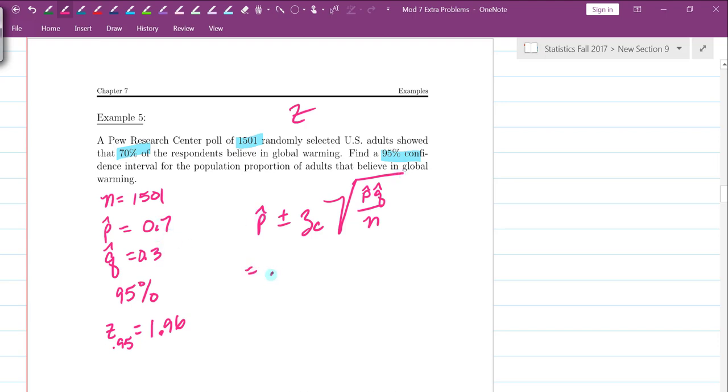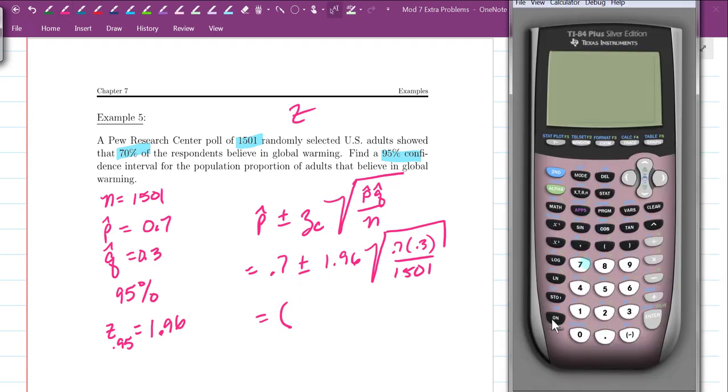So P is 0.7 plus or minus 1.96 multiplied by the square root of 0.7 times 0.3 divided by 1,501. We'll punch that in our calculator and we will get lower and upper boundaries. Remember, when we're doing proportion, we want to go with 6 decimal places, not our standard 4.